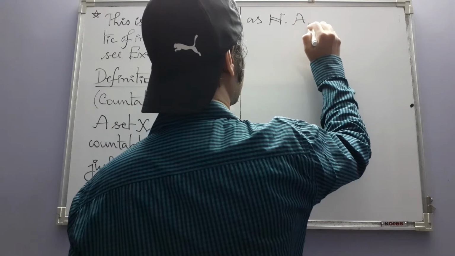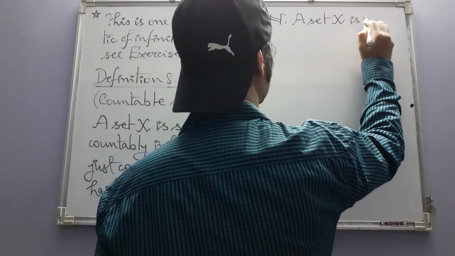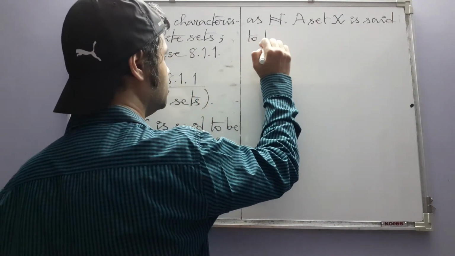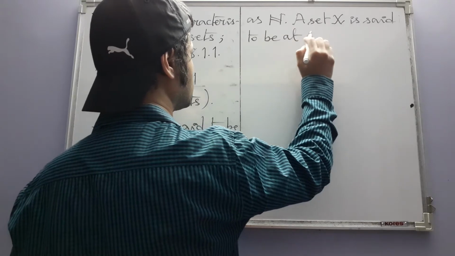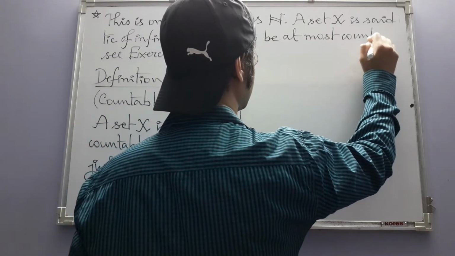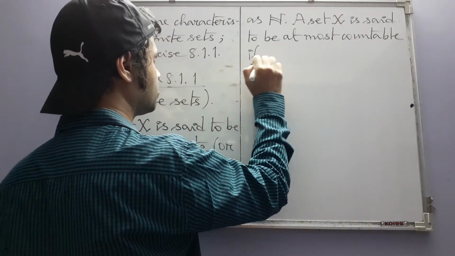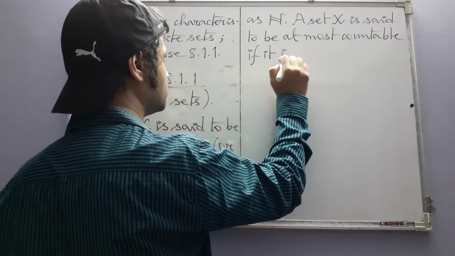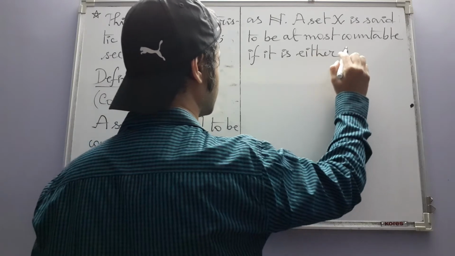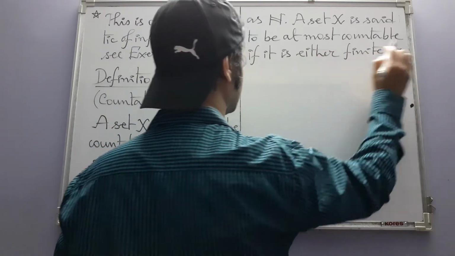A set X is said to be at most countable if it is either finite or countable.